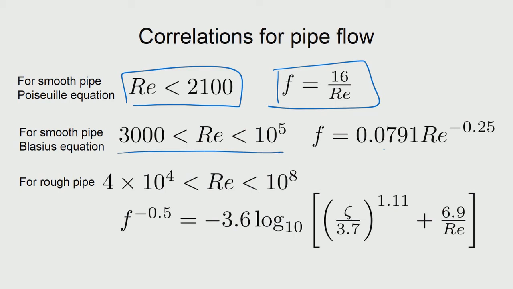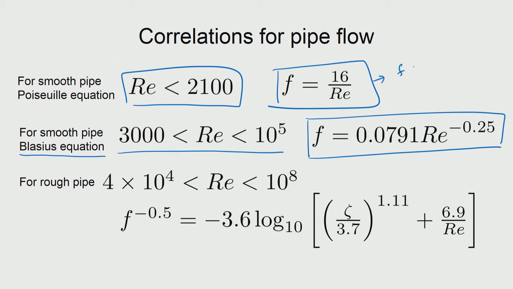So this relationship, for example, is applicable for the turbulent regime, and it goes by the name Blasius equation, and the friction factor is then given as Reynolds number raised to the power of minus 0.25. Normally you would see that here, for example, the friction factor is going as Reynolds number raised to the power of minus 1.